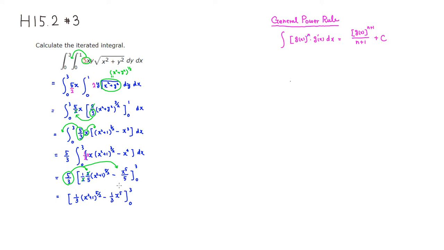Then we can just plug this in. Plug in 3, so you have 1/3. I'm going to pull out the 1/3. Then if you plug in 3, 3 squared would be 9 plus 1, so you have 10 to the 5/2 power.